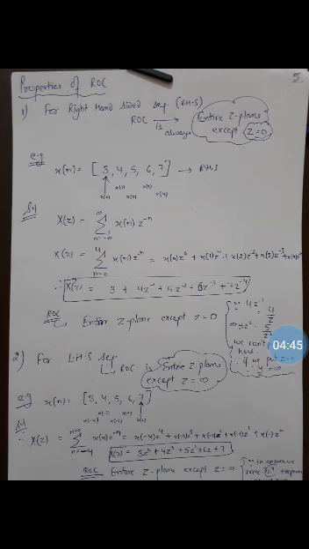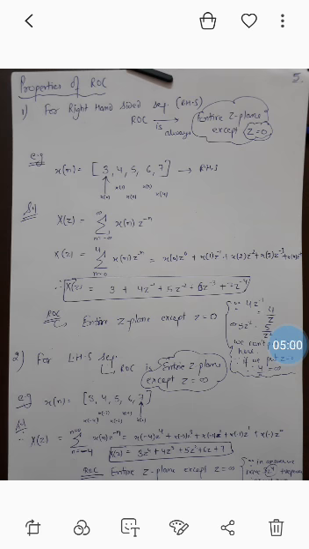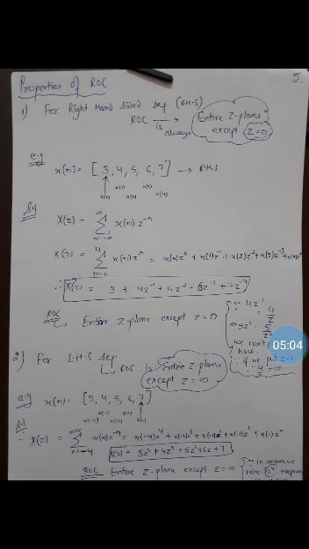Similarly, we can see the second property for a left-handed sequence. Come to the example, x of n is 3, 4, 5, 6, 7. Now in this question the 0th position is on x of 0, that is 7. That means this sequence has limits from -4 to 0, so this sequence is a left-handed sequence. Find the Z transform, given as x of z.